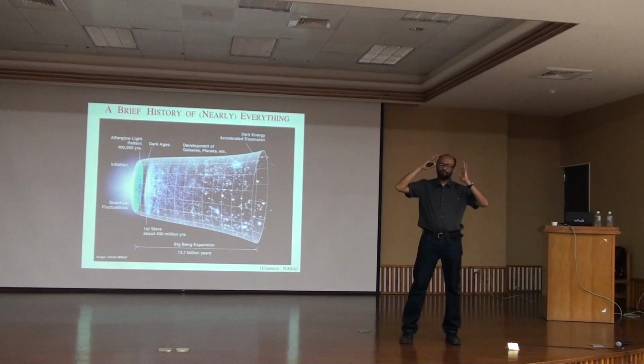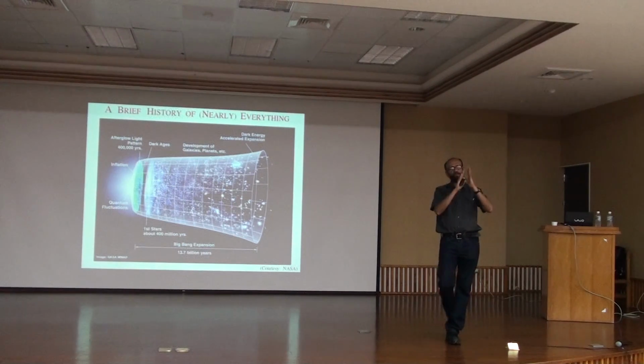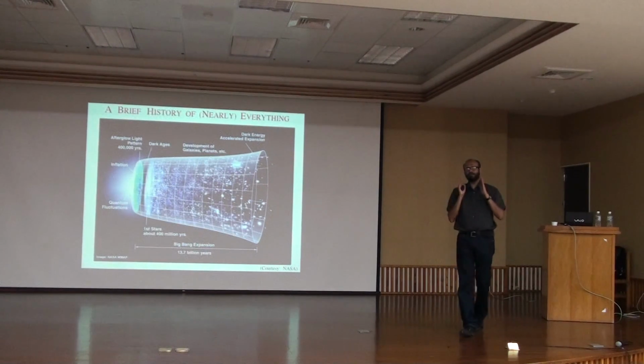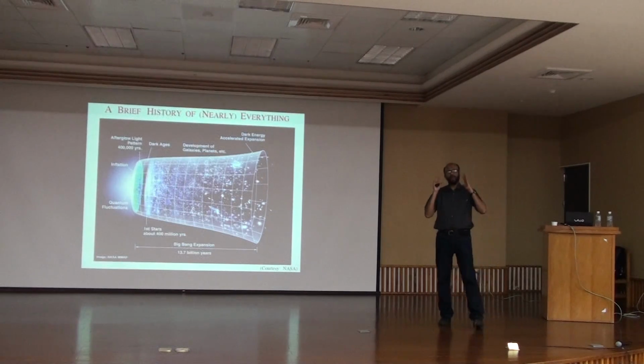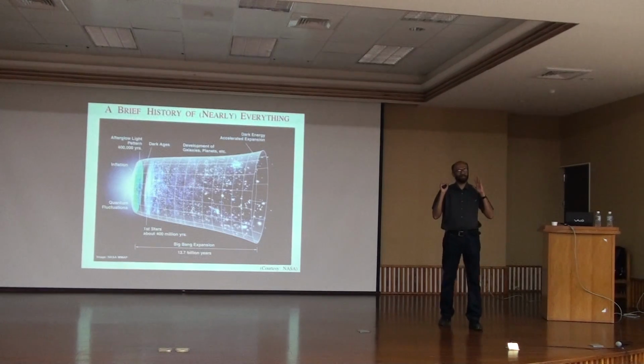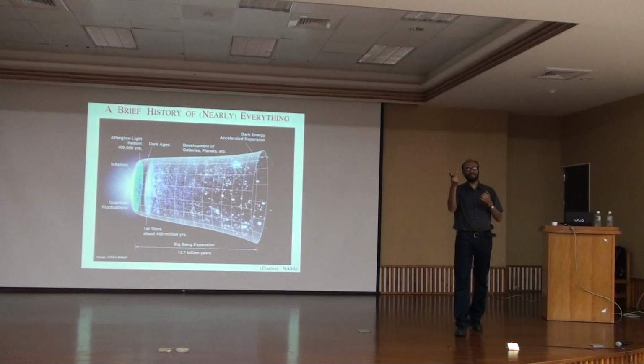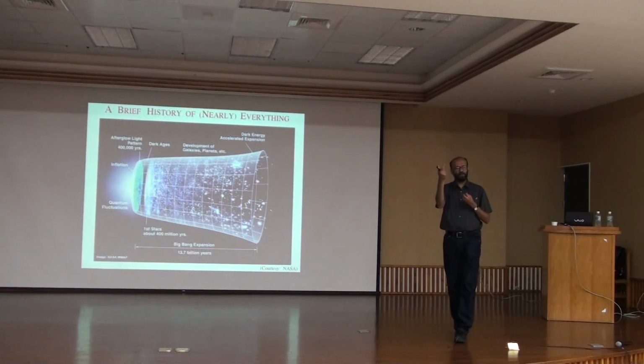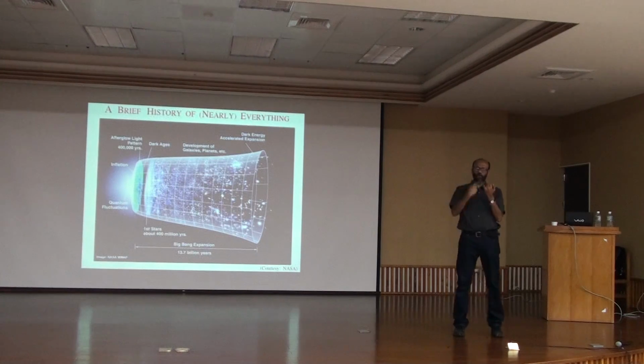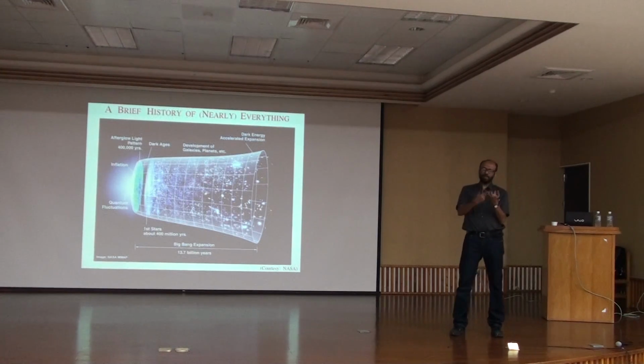So this period of roughly 1 second to 20 minutes after the Big Bang is called Big Bang nucleosynthesis. Because you are synthesizing nuclei, the nuclei of atoms. And the elements that you produce are deuterium, helium-3, stable helium, helium-4, and lithium.